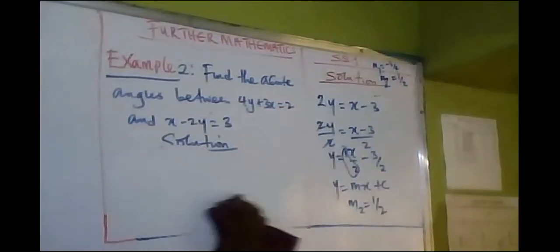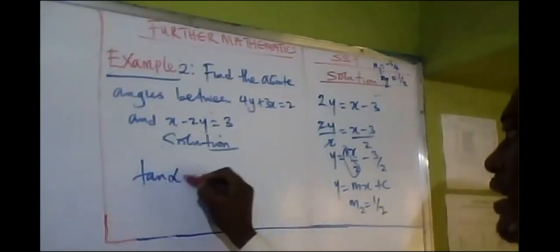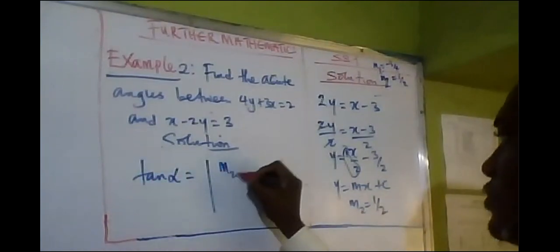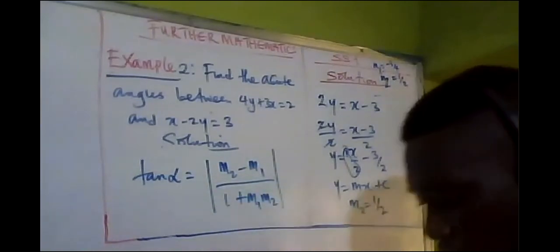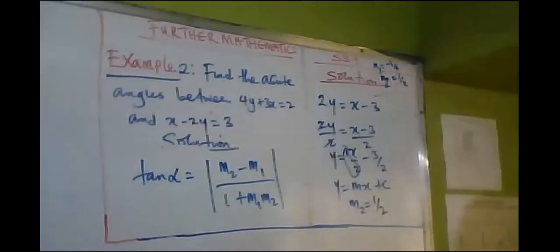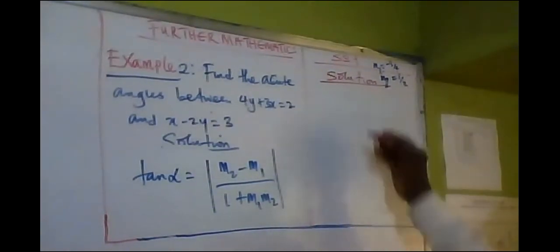So we are going to apply the formula to get the angle between two lines. Tan alpha is equal to the absolute value of m2 minus m1 all over 1 plus m1 m2. So we got m2 as half.